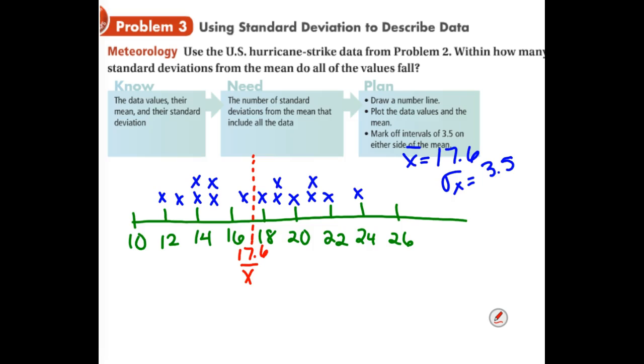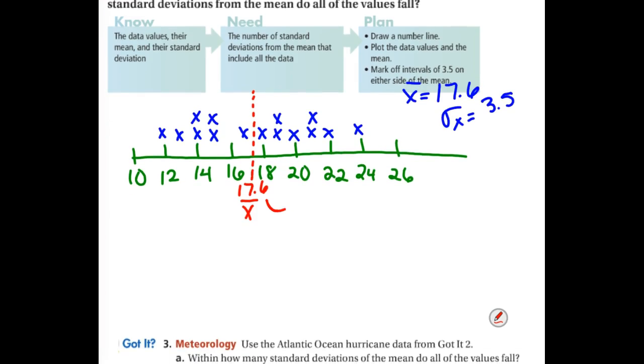And then we are simply going to add and subtract our standard deviation from that. So I'm going to go up. I'm going to add 3.5 to that. What's 17.6 plus 3.5? 21.1. So we are just to the right of these values at 21. Yes? So 21.1 is one standard deviation above the mean.